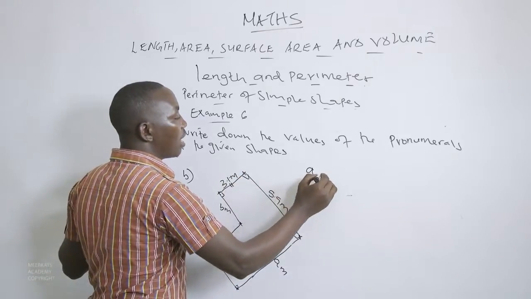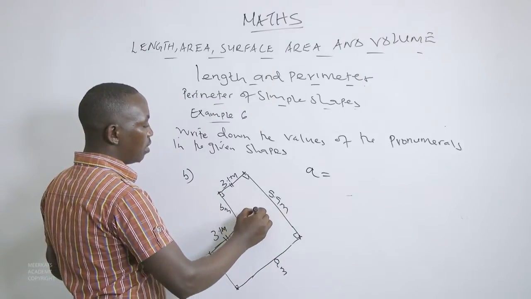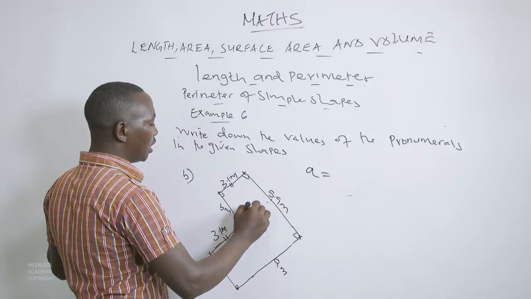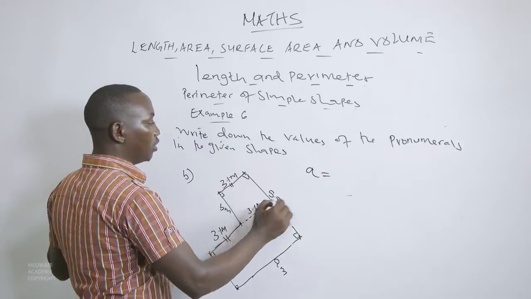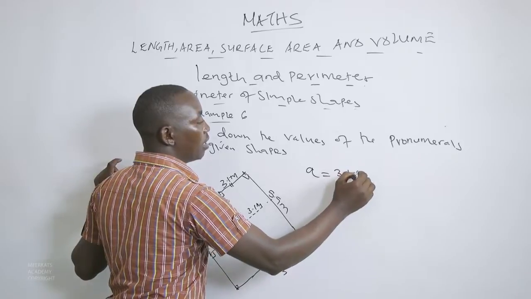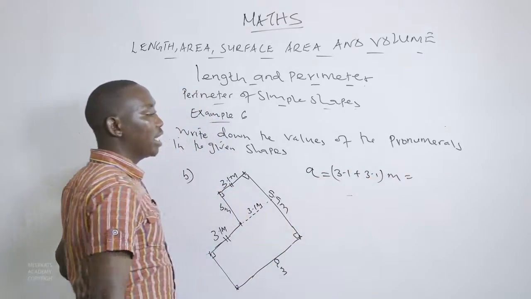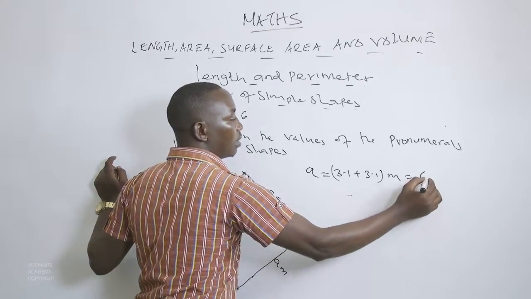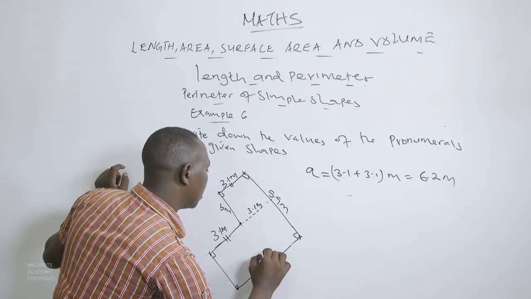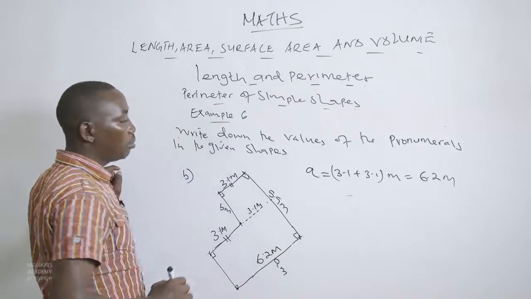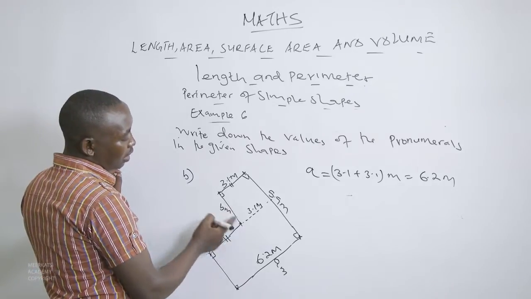And therefore our A shall be equal to 3.1 plus 3.1 meters, which shall give us 6.2 meters. So the whole of this is 6.2 meters.